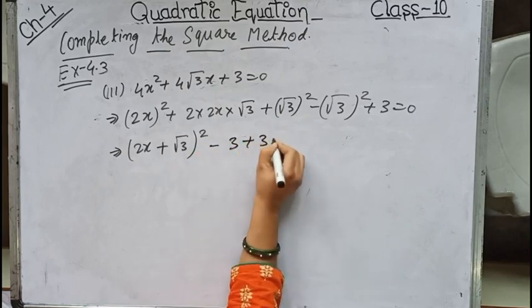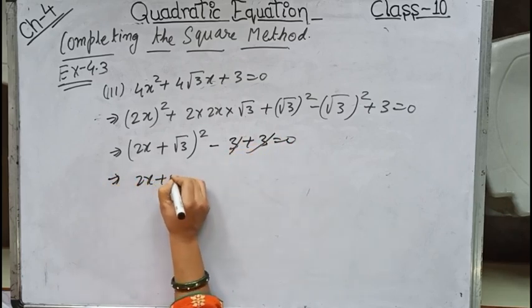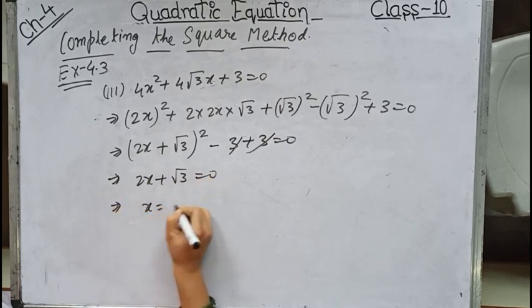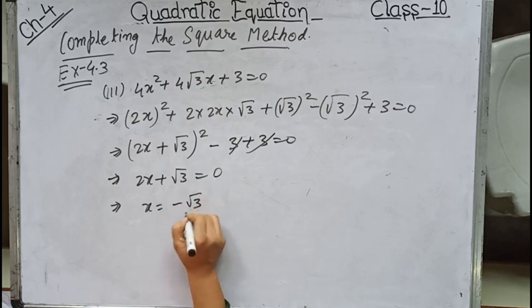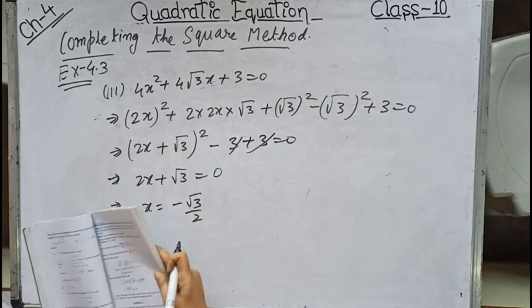Minus 3 plus 3 equals 0. This implies 2x + √3 = 0. This implies x equals minus root 3 by 2. So both the roots are equal and the answer is minus root 3 by 2. Let me once see the answer.